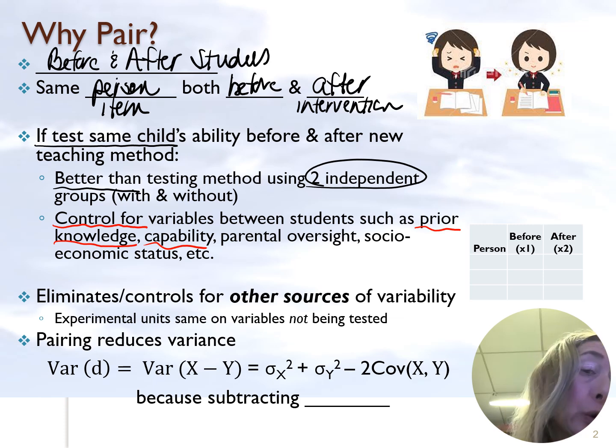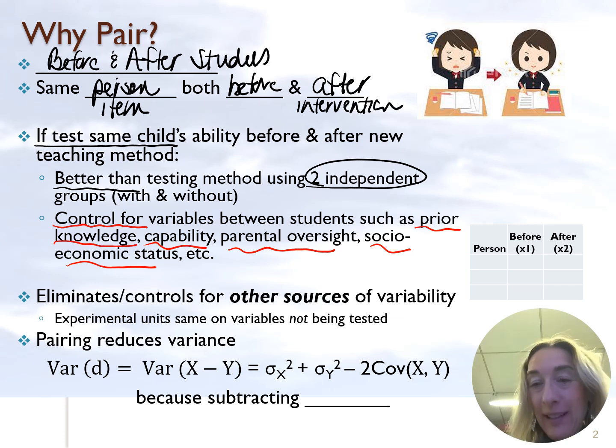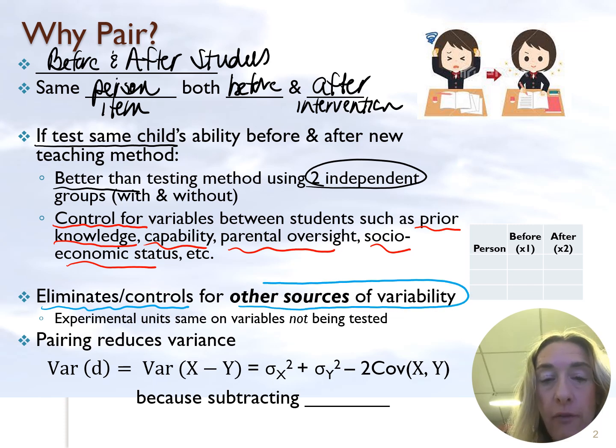It could also include more social variables such as parental oversight or socioeconomic status, etc. There are many variables that lead to differences student to student, but with pairing, you're able to control for these variables. So in essence, what pairing does is eliminate or control for these other sources of variability.